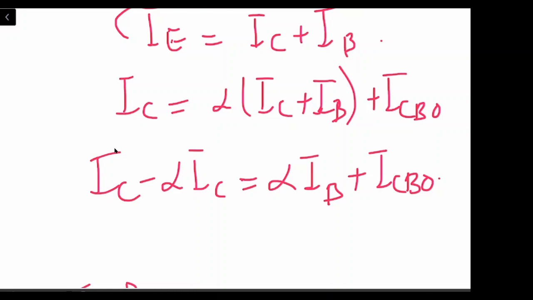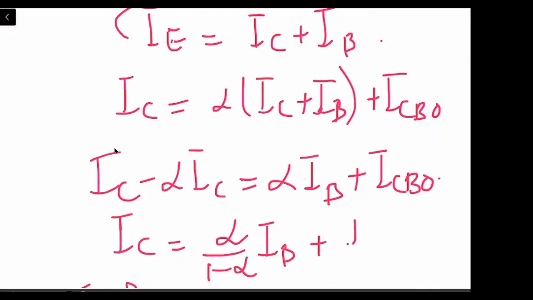Or I can say IC is equal to alpha divided by (1 minus alpha) times IB plus ICBO divided by (1 minus alpha). Are you with me?